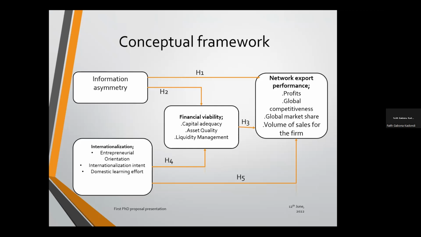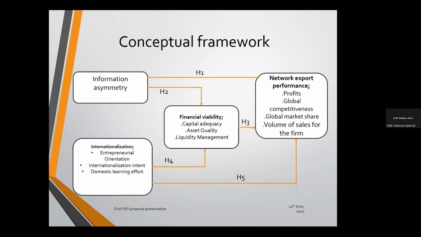Hypothesis 4, we're looking at internationalization and its relationship to financial viability. Hypothesis 5, we're looking at internationalization and its relationship to overall network export performance of small and medium scale coffee exporting firms.